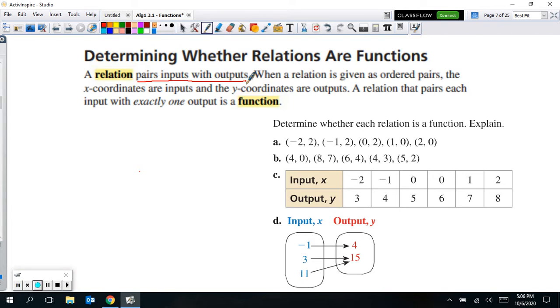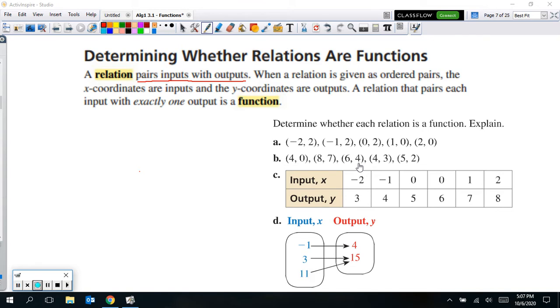So basically, if you think of an input and output, we've already looked at coordinate planes a little bit, so that should have been a bit of pre-algebra for you. What you're seeing down here says determine whether each relation is a function.